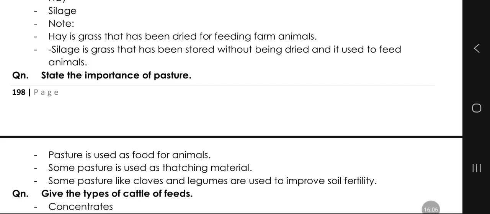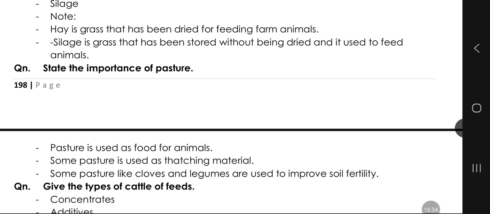I told you in class, when nitrogen is fixed, it turns into nitrates, which are used by the plants. Hope I'm clear there. So some pasture like cloves and legumes are used to improve soil fertility.